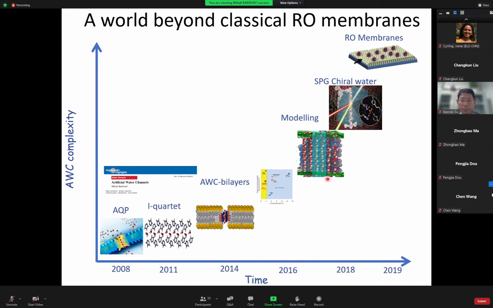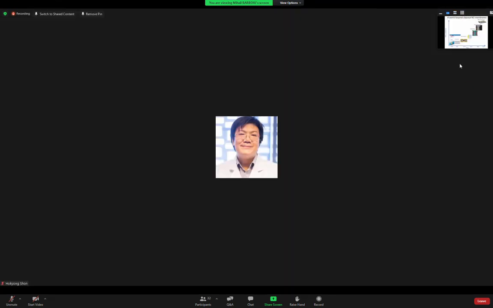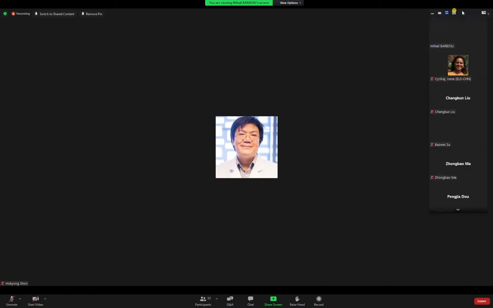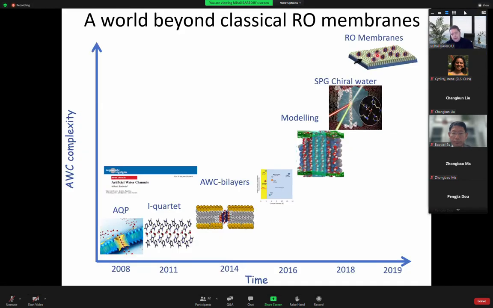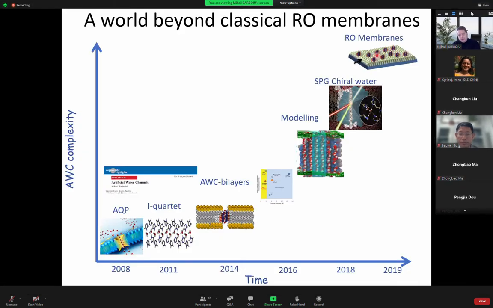Finally, after 10 years, people started to get membranes, and the first membranes have been tested under real conditions. There are a lot of improvements to be made in the field, and the application will come in the future.